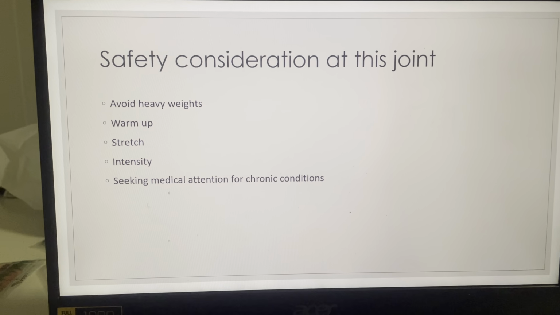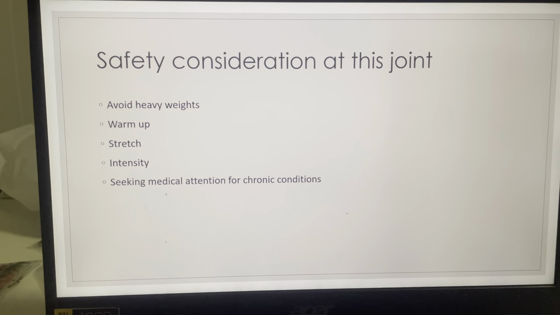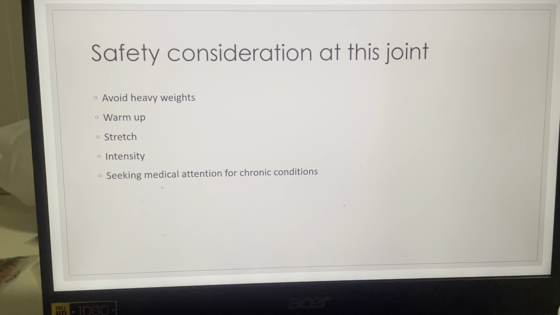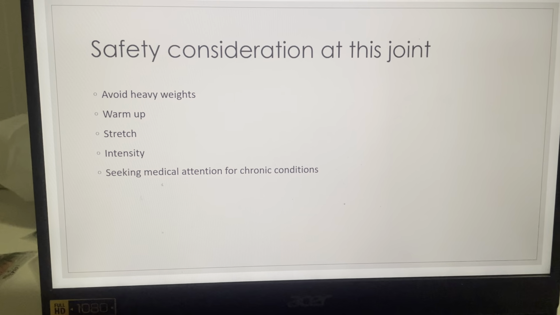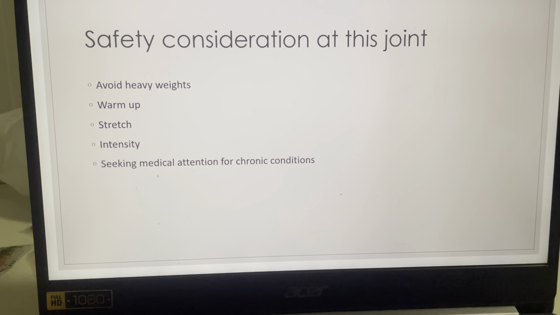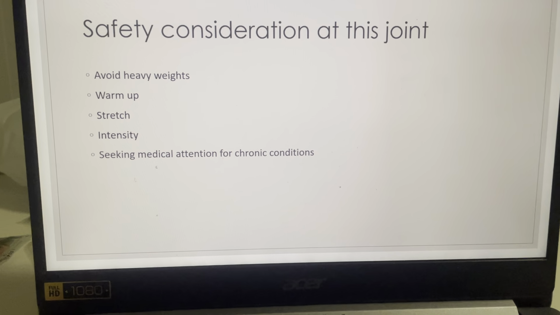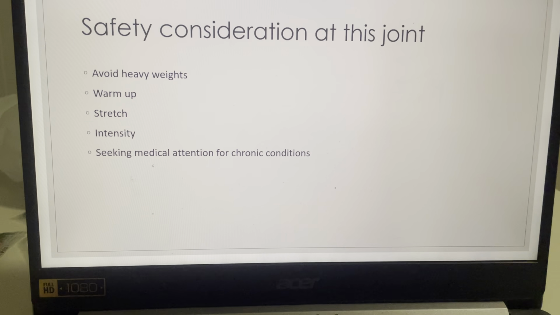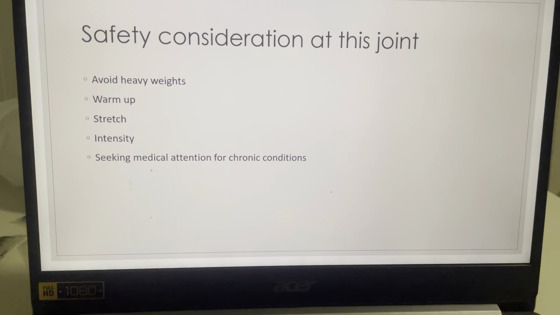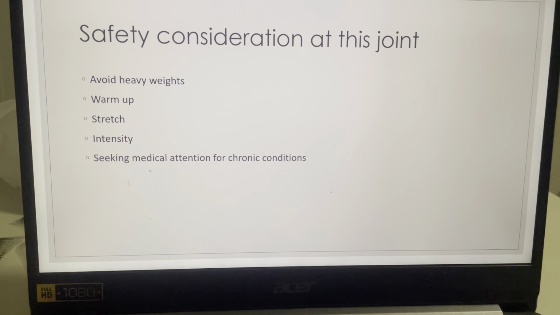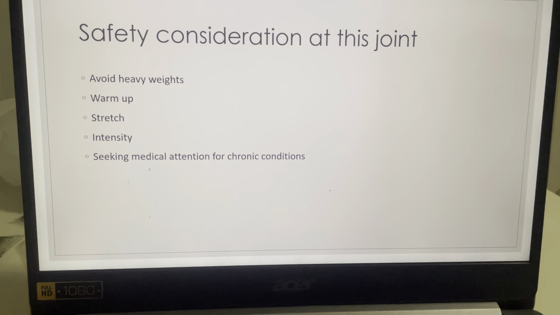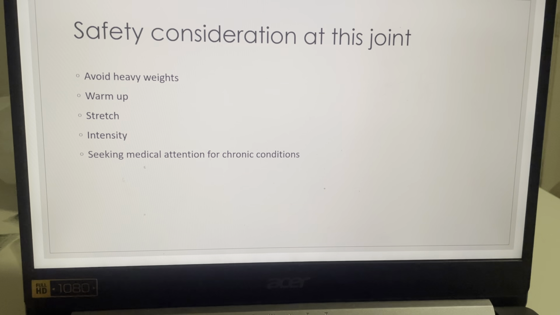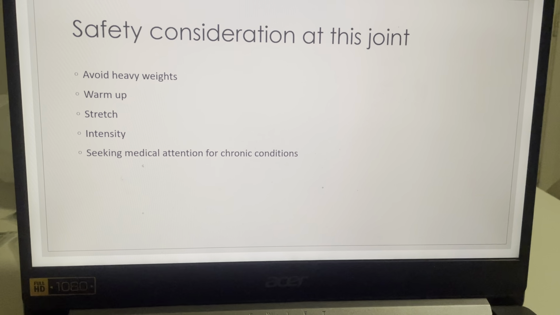Warm up before going to training is a good action to prevent injuries. Always stretch before and after going to train or to the gym. And the kind of intensity depends on the pain of the joint.